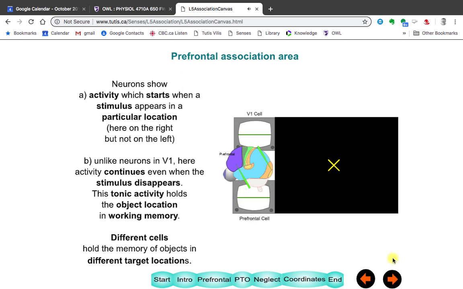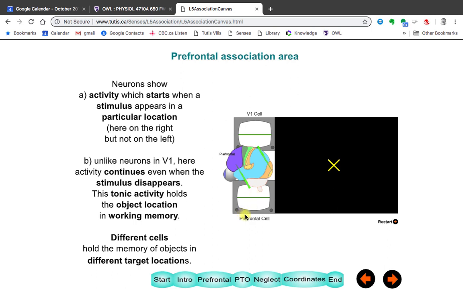The other thing that's different about it is that you saw an egg appear here, and that set off V1 right away, but then the egg went off and V1 became silent. In contrast, this prefrontal cortex kept going. Also, an egg appeared here, and neither of these areas were active.